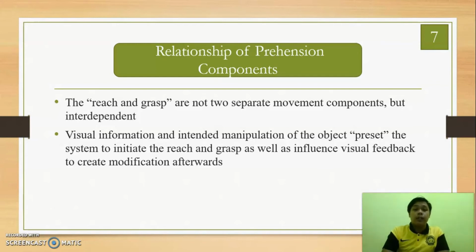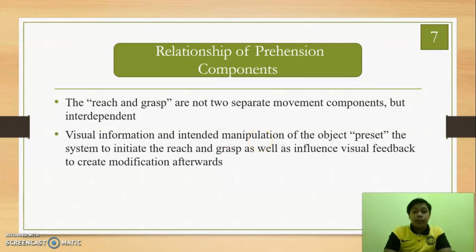I want to present about the relationship of prehension components. The reach and grasp are not two separate movement components but interdependent. Visual information and intended manipulation of the object assist the system to initiate the reach and the grasp, as well as influence visual feedback to create modification afterward.